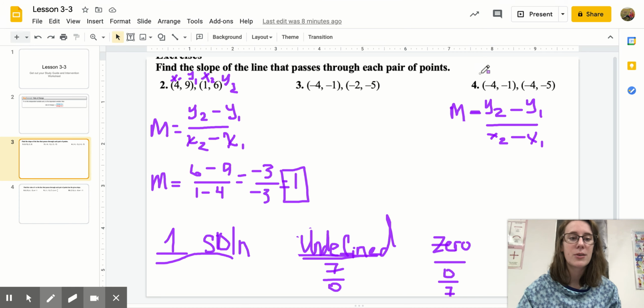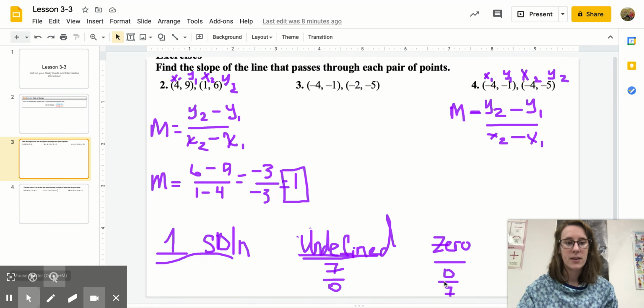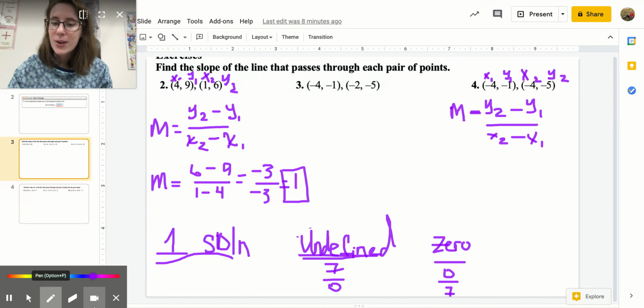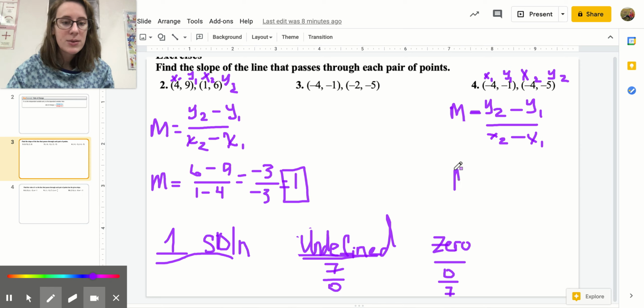And you'll also label each part of the point. And then you're going to plug it in. Let me move myself here. So let's plug it into our equation.